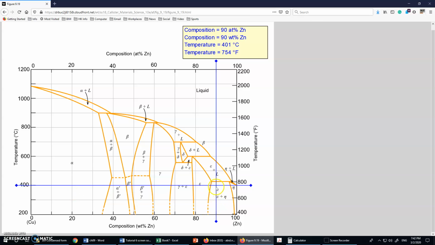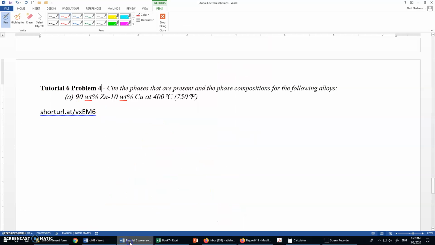As you can see, these two lines are intersecting in the region epsilon plus eta. So the phases present are epsilon and eta.